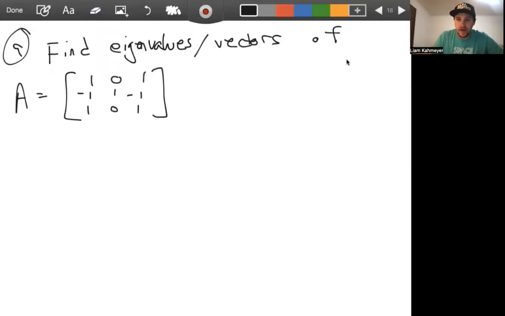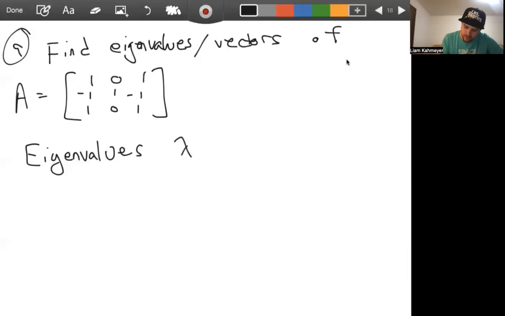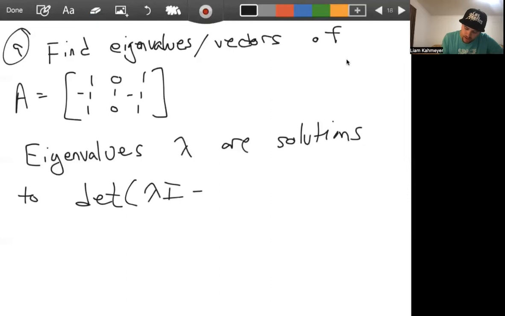To find the eigenvalues, well, to find the eigenvectors, you have to find the eigenvalues, right? But how do we find eigenvalues? Eigenvalues, lambda, are solutions to the characteristic equation, which is the determinant of lambda I minus A is equal to 0, right?